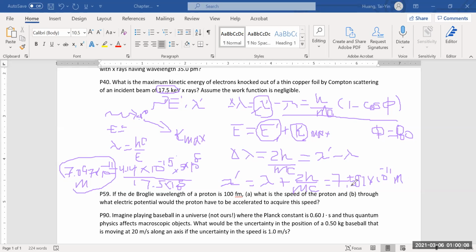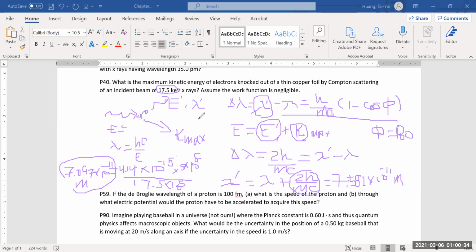And I can also tell you that this quantity has a numerical value of 4.85 times 10 to the negative 12. That's a Compton shift. Then adding the Compton shift to the original wavelength gives you the wavelength of the outgoing photon, which is 7.582 times 10 to the negative 11.